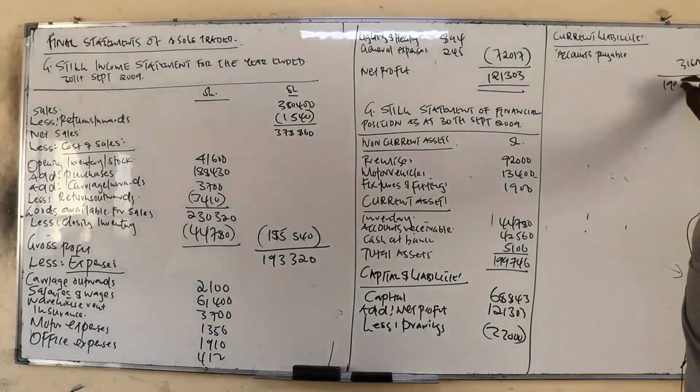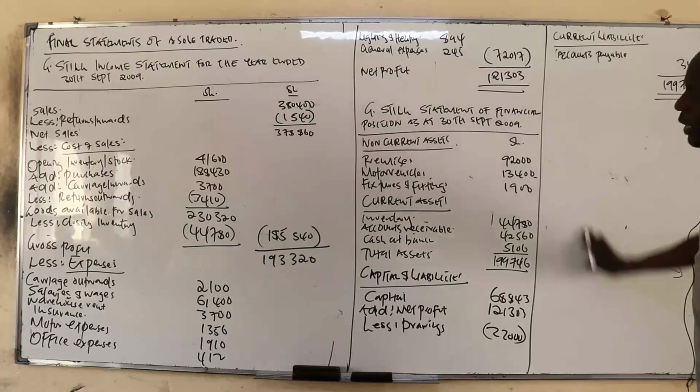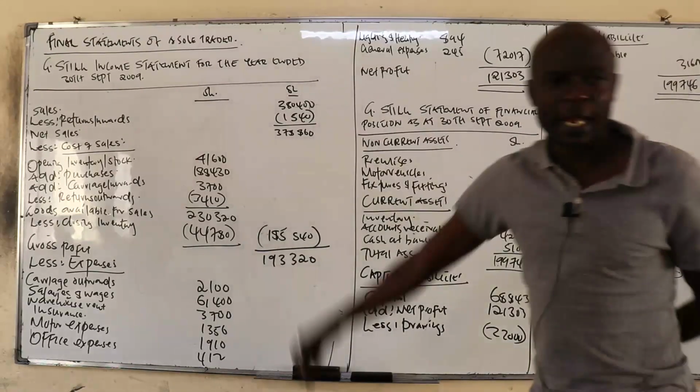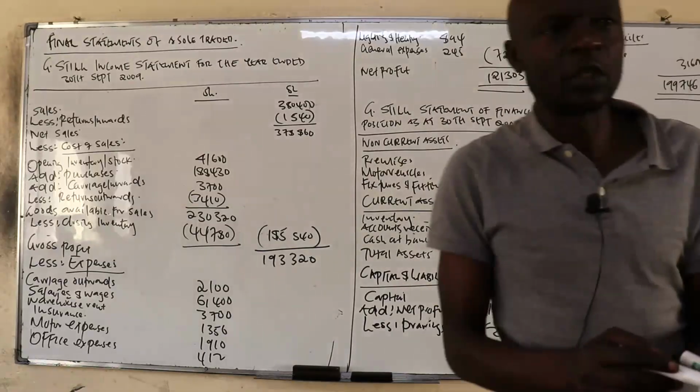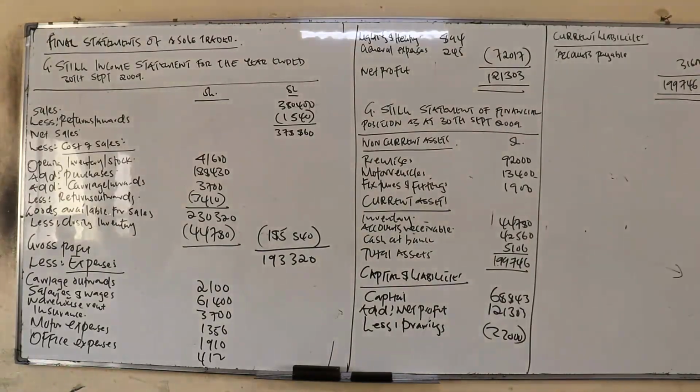So this is 199,746. So that is how we make statements. So if you're writing, you can write. I can give you a few minutes to write. It's good to write.